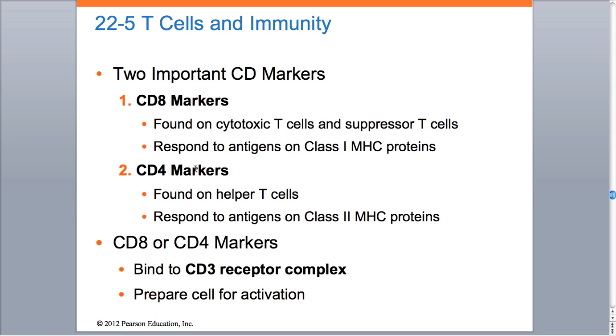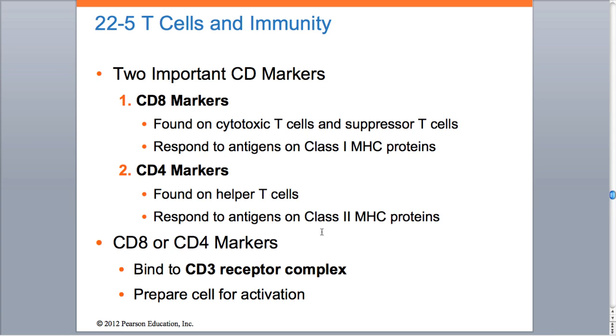And matter of fact, you're often able to identify the type of T cell solely from the markers. Now these markers will grab hold of the antigens you're presenting.